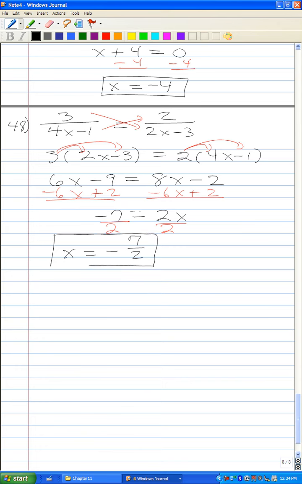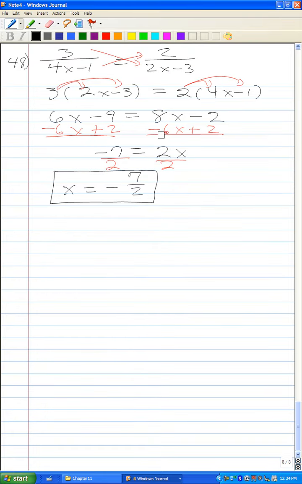And that is my solution. Notice I'm not dividing by 0. If I plug in negative 7 over 2, I'm not dividing by 0 here, nor am I dividing by 0 here. And so that's my solution. Let me do problem number 56.